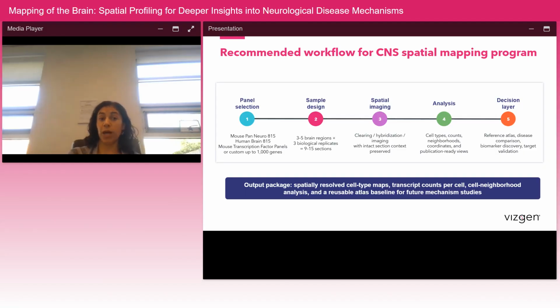And you can also customize a panel from scratch up to 1,000 targets. And we've recently added the ability to take a predefined panel and customize it in addition. So you can take an off-the-shelf panel and modify it to your research needs. Then you do your experimental design and sample prep, where you generate the MERFISH data. And then, of course, you go through data analysis, and then you can get to your biological conclusion.